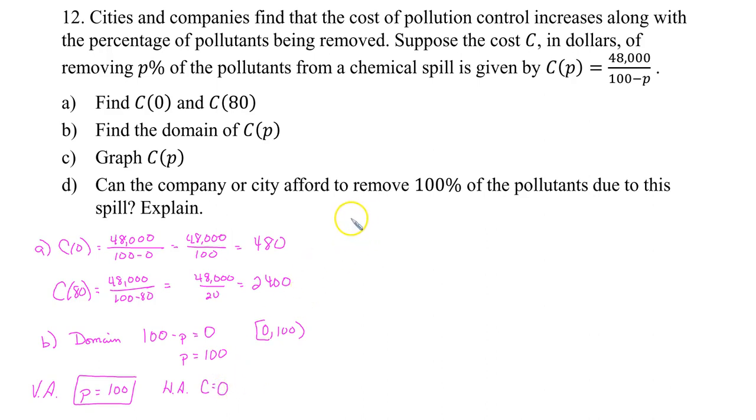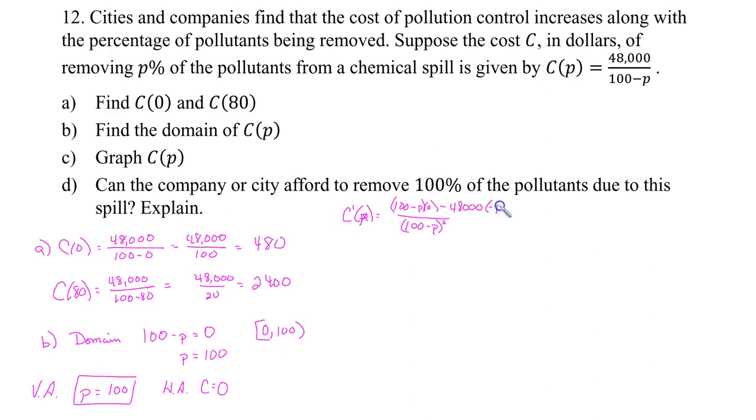Okay. Let's talk about the first derivative and what that's going to tell us. The first derivative for this function should be C prime of P. The denominator is squared, so 100 minus P squared, and so we have the bottom function times the derivative of the top, which is 0 because it's a constant, minus the top function, which is 48,000, times the derivative of the bottom function.